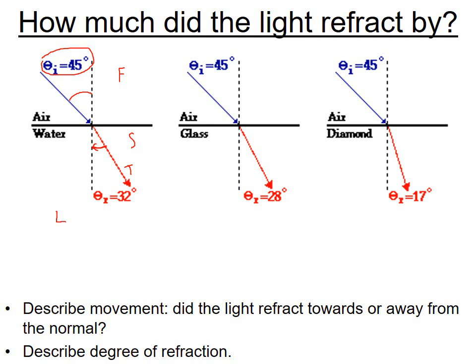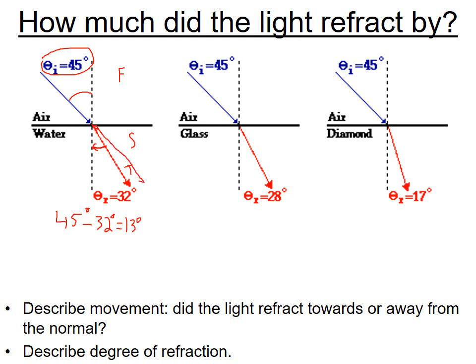What that means is that the ray moved 45 minus 32, 13 degrees. So the ray refracted by 13 degrees. I'm not using a ruler, but hopefully you can understand what I'm doing here.